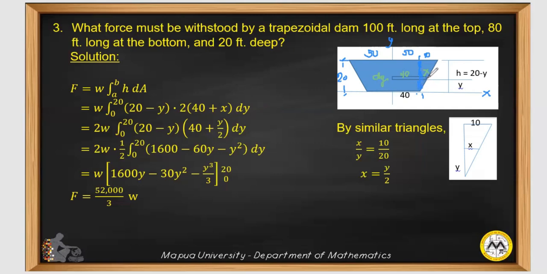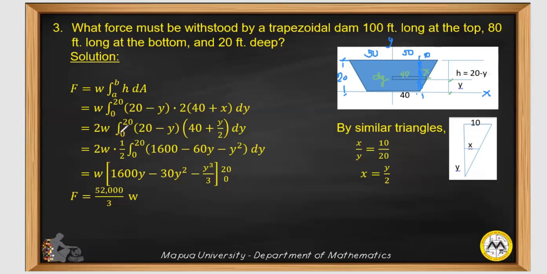The distance of this element from the x-axis is y. And since the depth of the dam is 20 feet, the distance of this element from the water surface is h, and that is 20 minus y. So h is equal to 20 minus y.